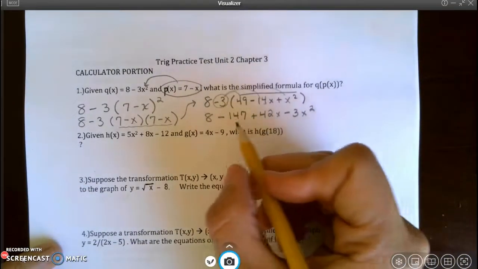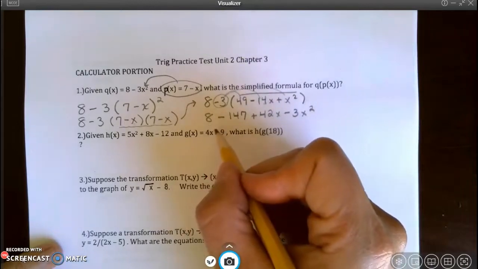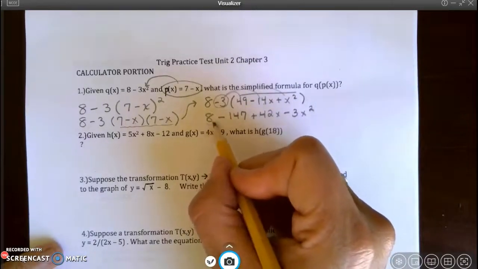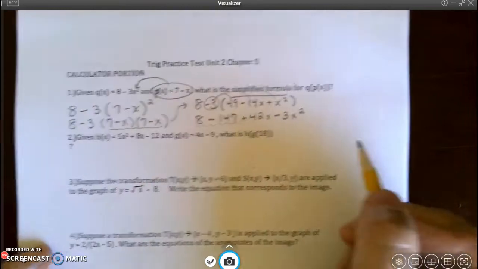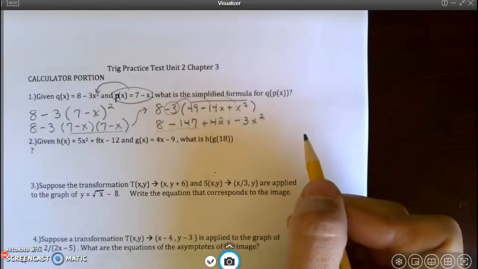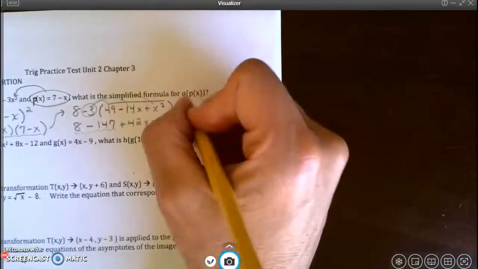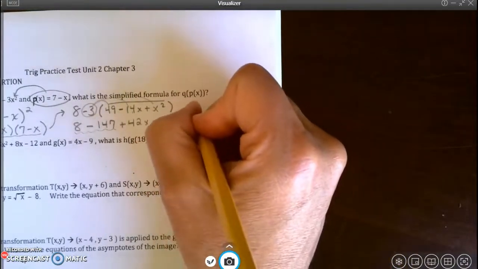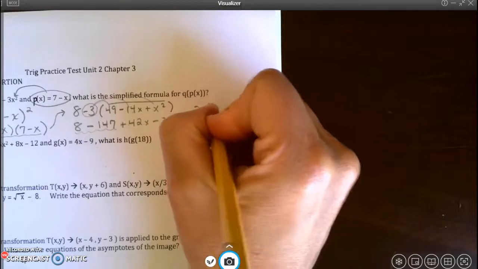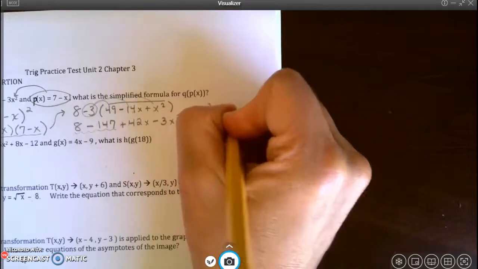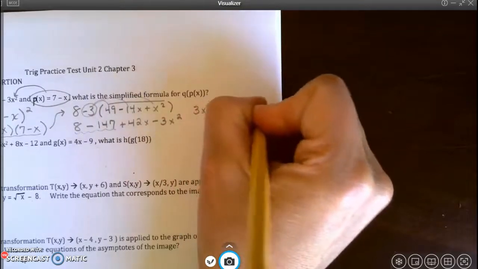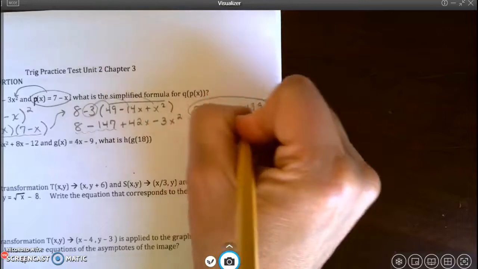Now the only thing I have left to do is put it in descending order, as well as combine these two terms. So the 8 minus the 147 is going to leave me with -139. So my final answer is -3x squared plus 42x minus 139.